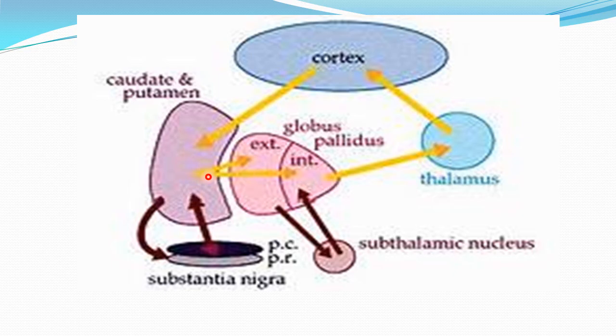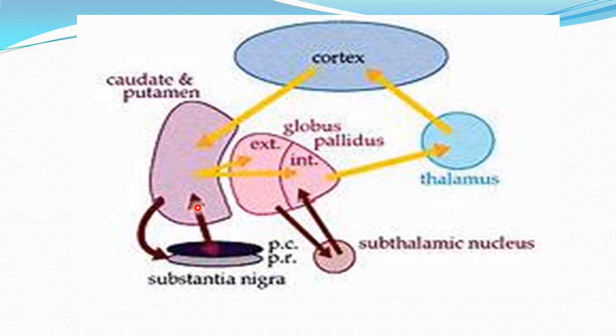If the direct pathway is excited, this fiber is excited, it gives GABA here, this GABA inhibits these neurons, these inhibitory neurons are inhibited, so there is loss of inhibition to these fibers, and the fiber gives impulse to the cortex.